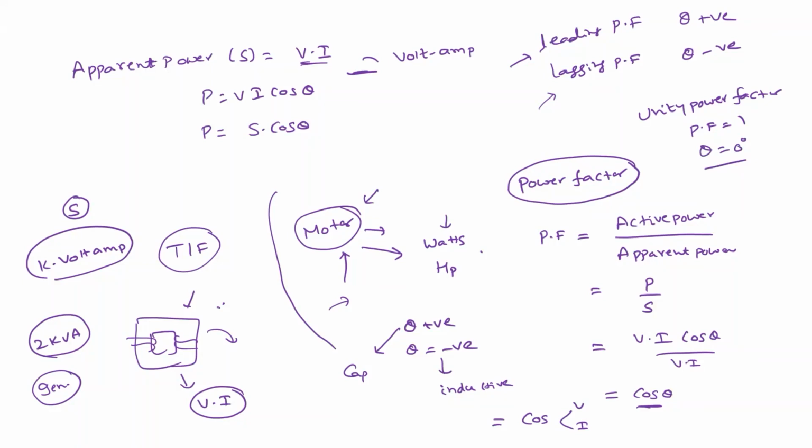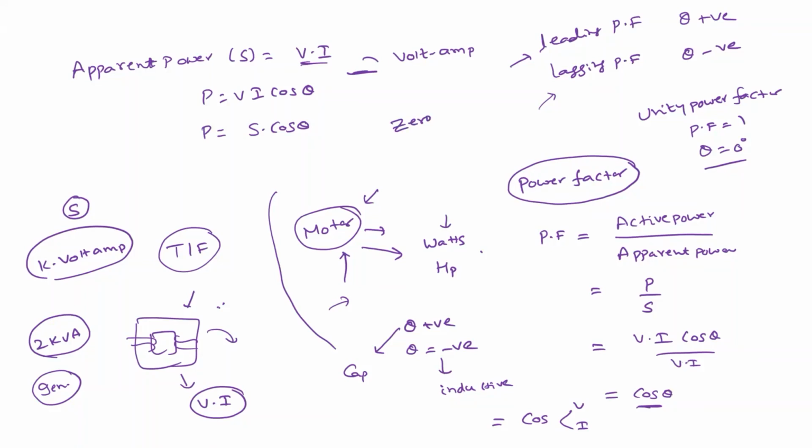Sir, for a pure inductive circuit, what is the power factor? Minus pi by 2, 90. Minus 90. See, you're understanding in the wrong way. It should be the cos of the angle, not the angle itself. So it is 0. When you say 0, you must specify whether it is leading or lagging.